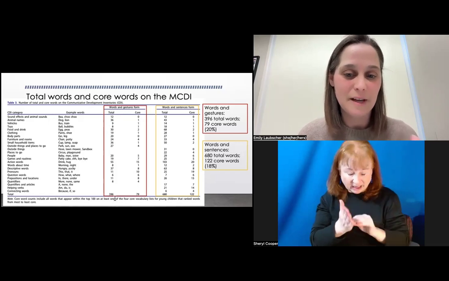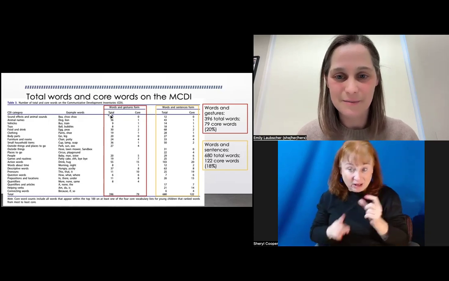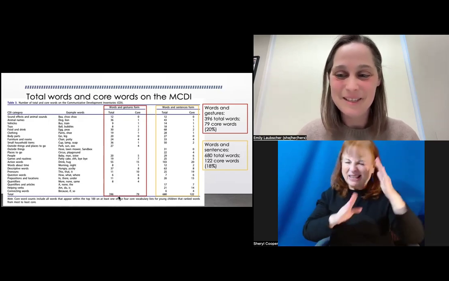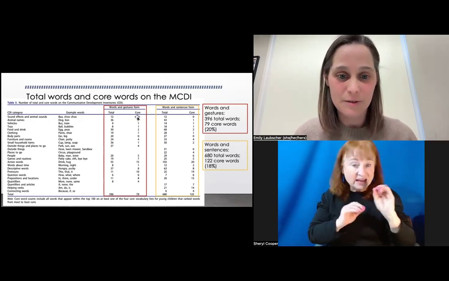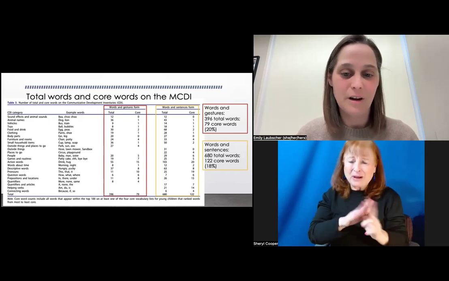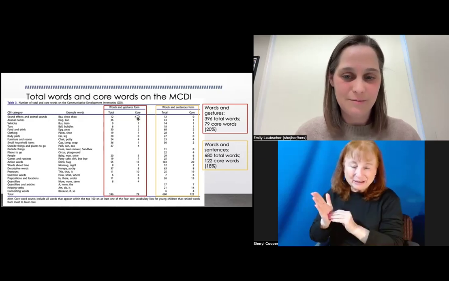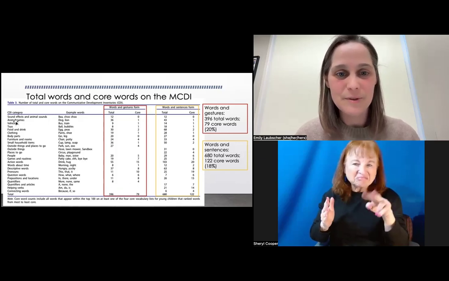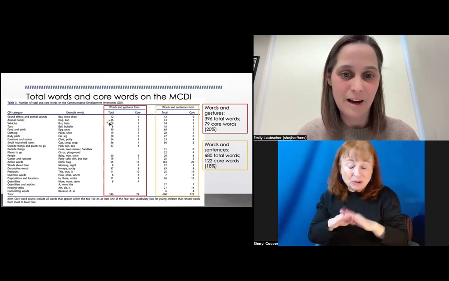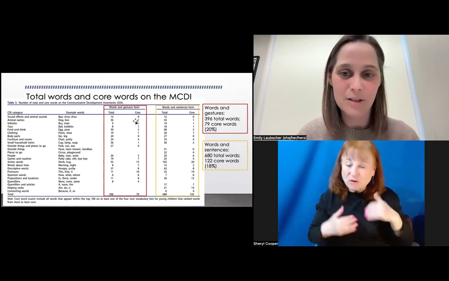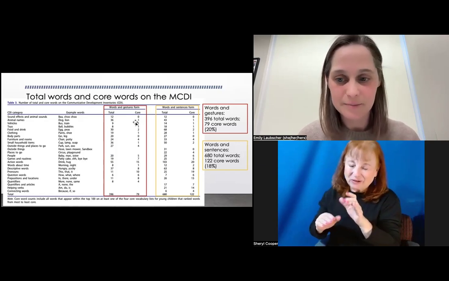So for example, in the sound effects and animal sounds category, there are 12 words on the MCDI within that category on that form, and none of those words, so 0 of them, appear in the top 100 on any ranked core word list. And you can follow this column down for more examples. If we look at animal names, there are 36 words on the MCDI in that category for the younger age range. One of them is in the top 100 on at least one core word list.